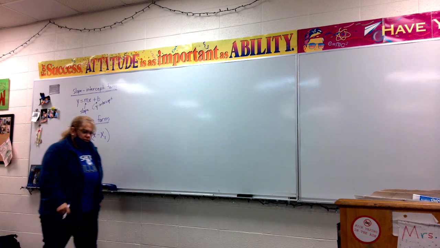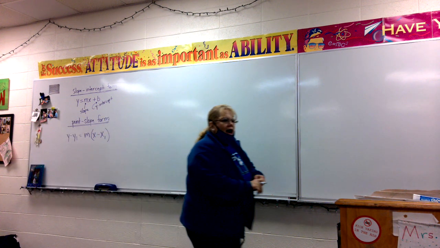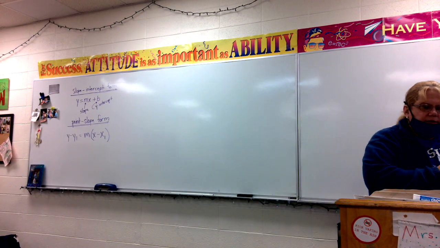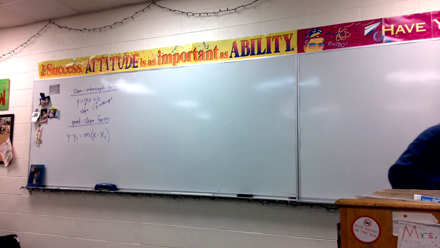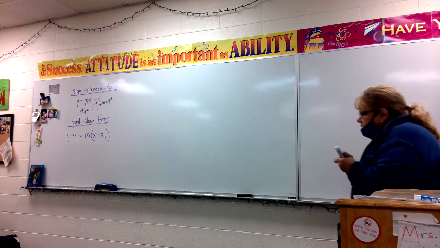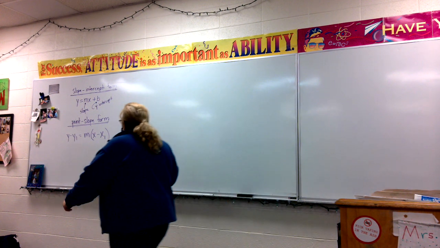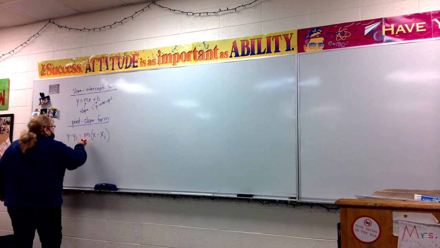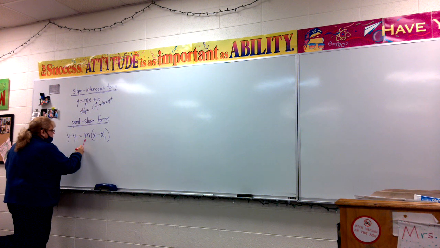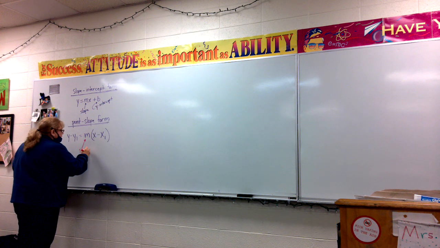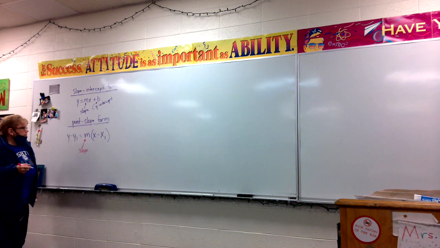Like that: y minus y1 equals m times x minus x1. And with this equation, can you guess what m is? Right, good, yes. It's the slope of the line.